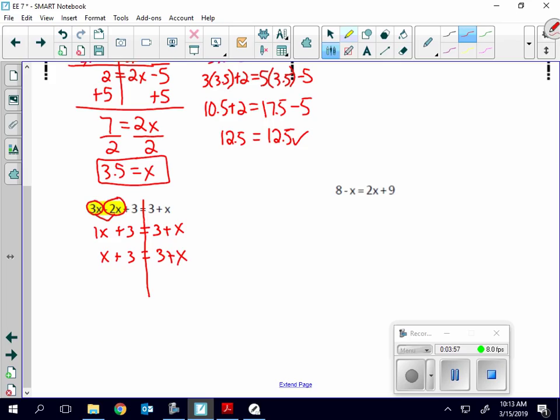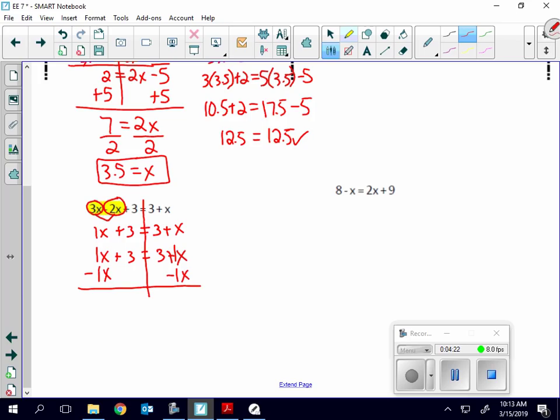Do you notice anything about this equation? Looks pretty much the same to me. Well, let's check it out. If I were to continue solving, we want to get x's all on one side. So if this is 1x and this is 1x, well, I want to subtract one of them. Let's subtract this one. We'll get x's to the other side. Whatever I do to one side, I have to do to the other.